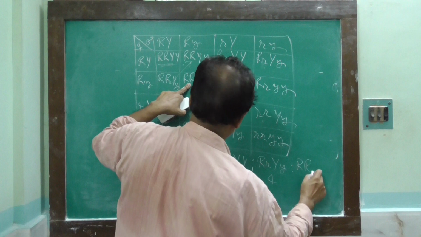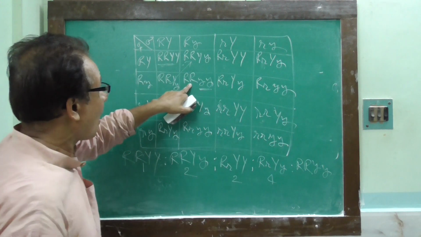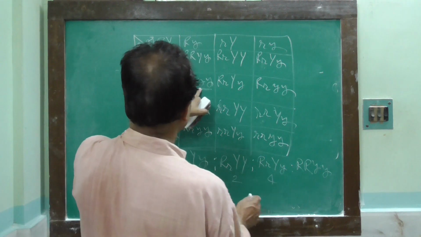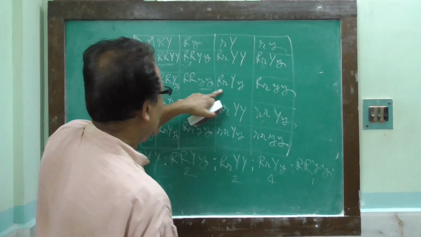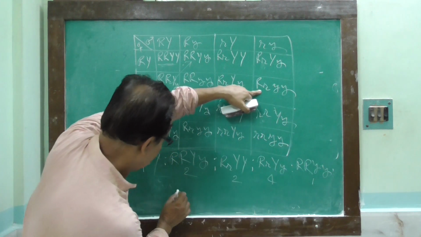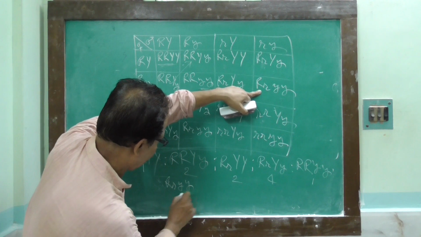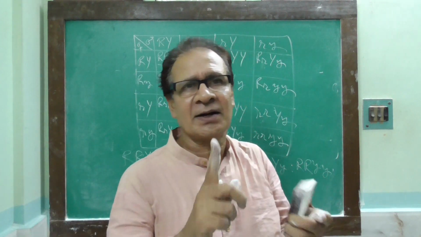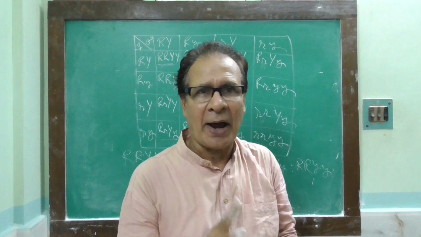Now capital R, small y. It is the round green, 1, and capital R, small y, 2. You follow that round means either 2 capital R or 1 capital R, small r.